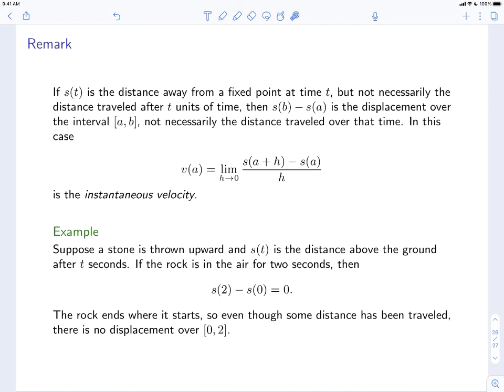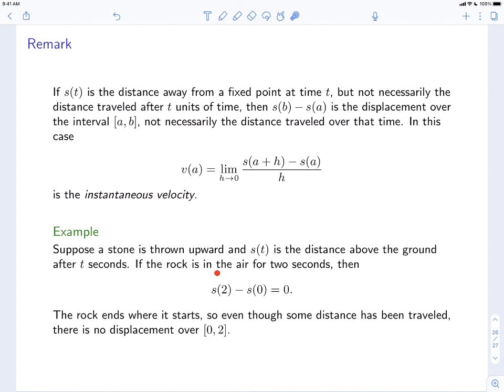So let's take a quick example so we understand what's going on here. Suppose a stone is thrown upward, and s at t is the distance above the ground. So s at t is no longer the distance that the stone has traveled. Now it's the height relative to the ground. So s at t is the distance above the ground after t seconds.